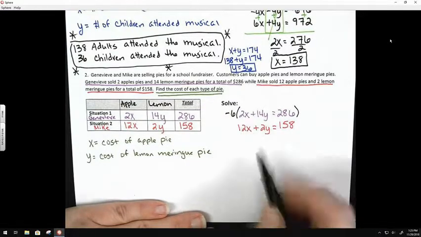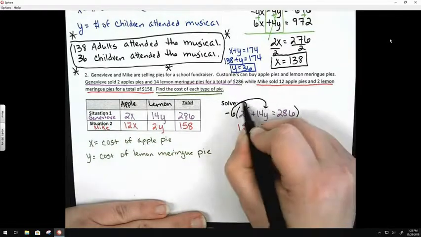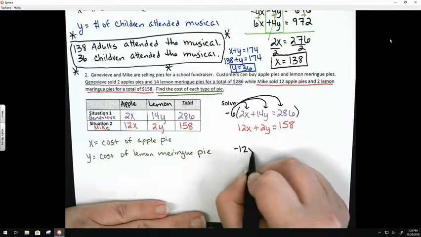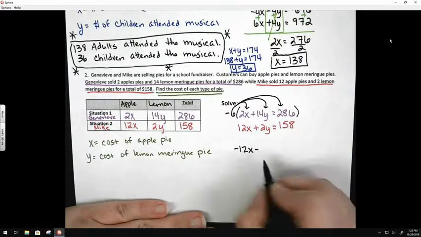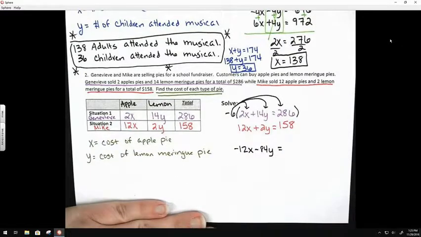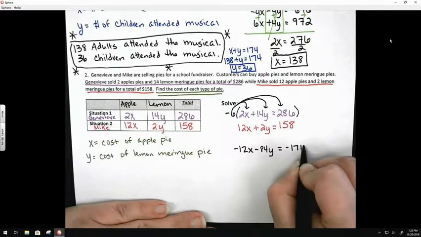So I'd have my additive inverses. So I'm going to go ahead and distribute. So I get negative 12x minus 6 times 14 gives me negative 84y equals negative 6 times 286 is negative 1,716.